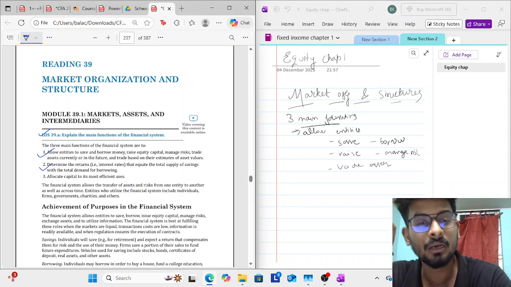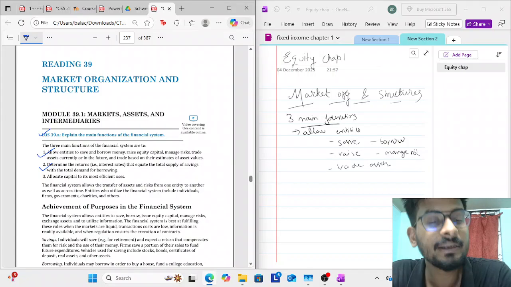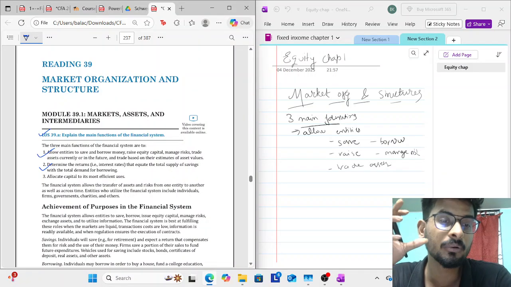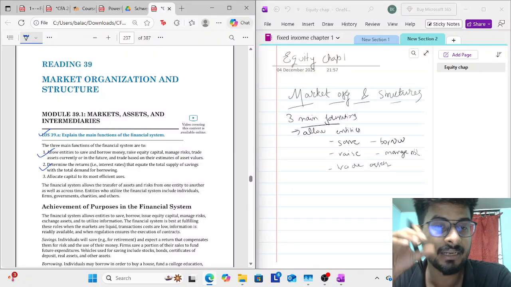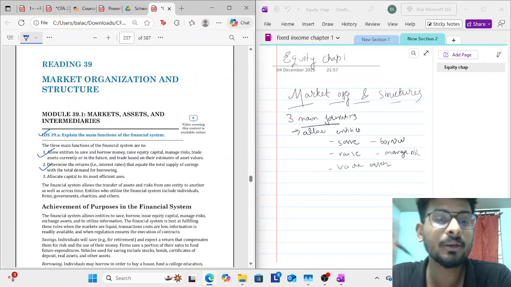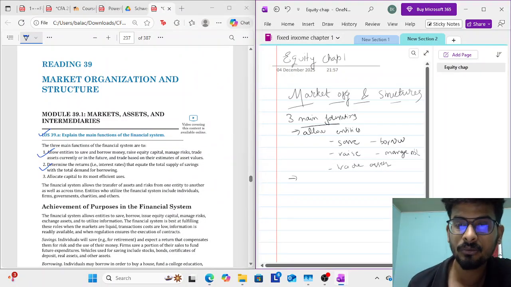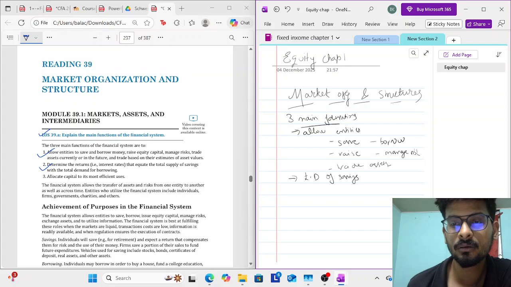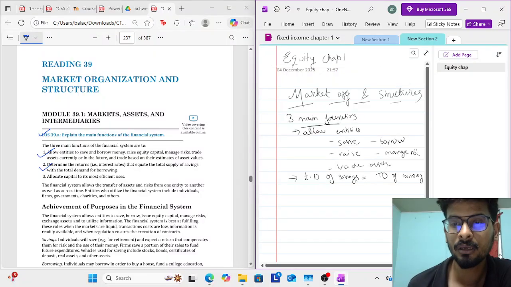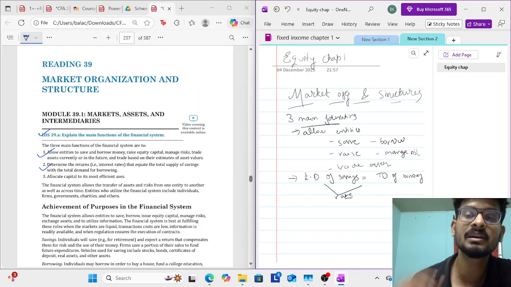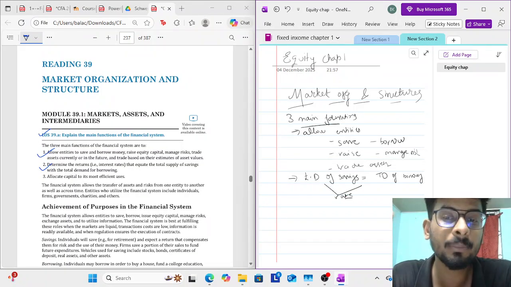The financial system has to determine the returns that equate the total supply of savings with the total demand for borrowing. Total supply of savings is equal to total demand for borrowing. This is the rate we need to determine.